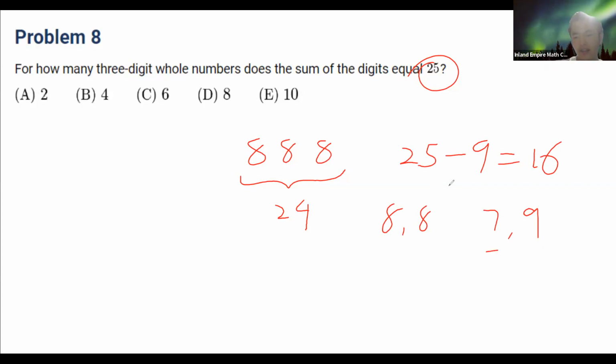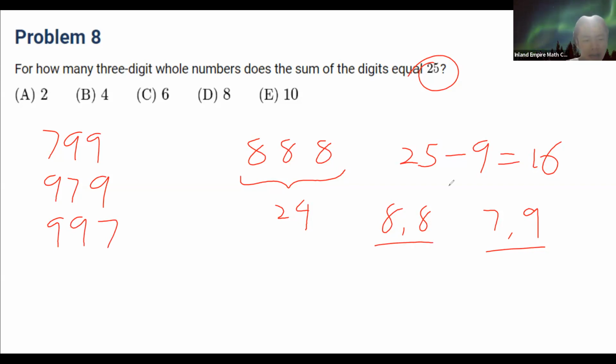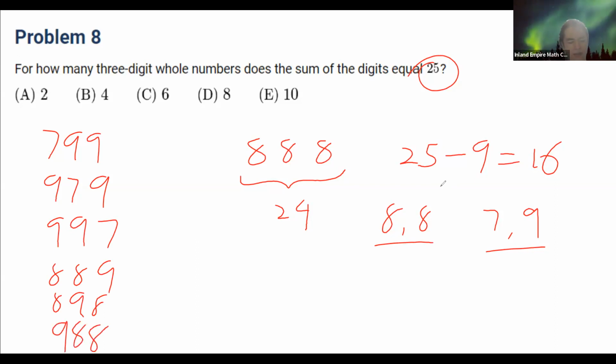If you have 7 and 9, you can have 799, 979, or 997. If you have two 8s and a 9, you can have 889, 898, or 988. And you can verify that all of these numbers' digits add up to 25.